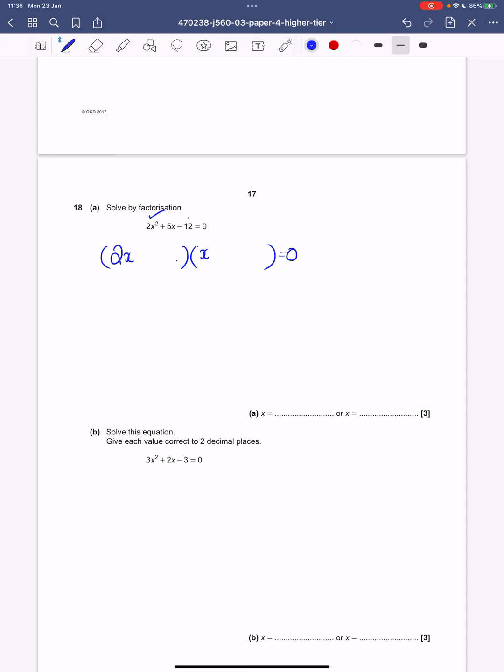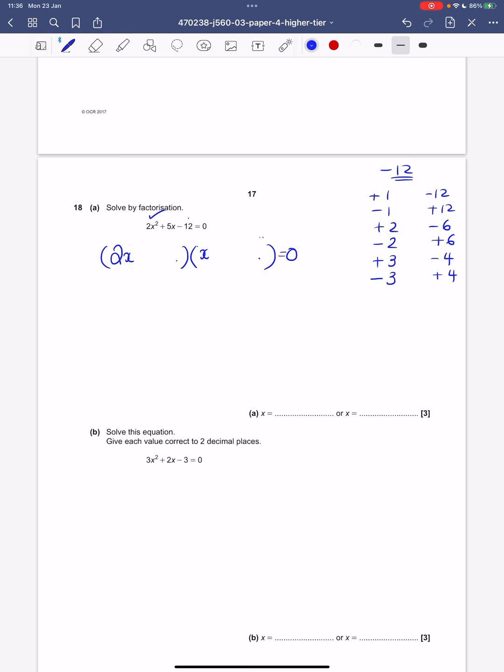So these two numbers here have to multiply to make minus 12. Okay, so to multiply to make minus 12, you've either got plus 1, minus 12, minus 1, plus 12, plus 2 and minus 6, minus 2, plus 6, plus 3 and minus 4, and then minus 3, plus 4. And then we've got them all reversed as well, because one of them is going to be multiplied by 2.